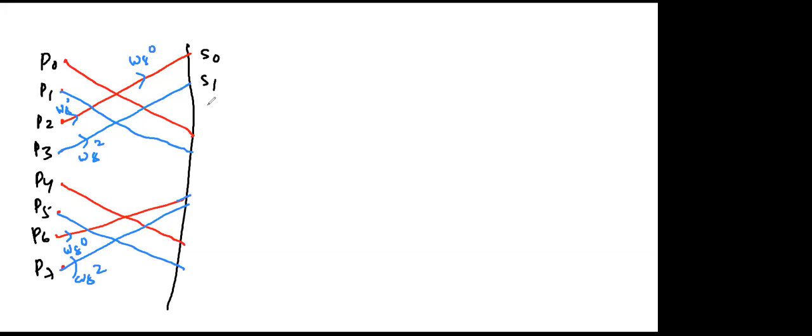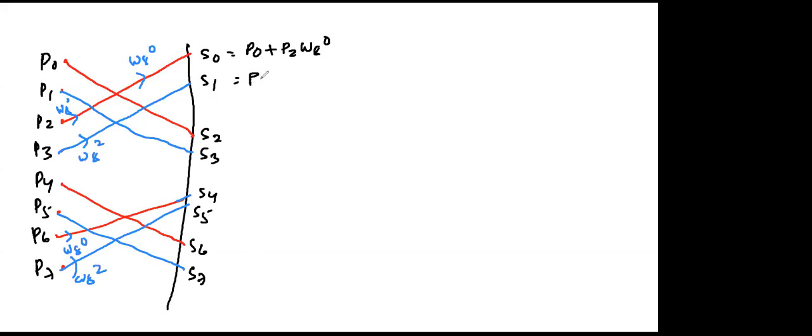Let the output be S0, S1, S2, S3, S4, S5, S6, S7. Now, can you please guide me? What is S0? P0 plus P2, omega 8 0. Very good. And S1.